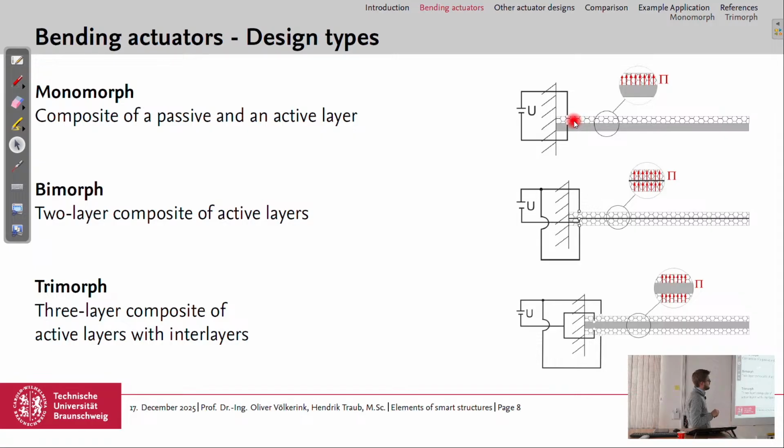And we use the D31 effect, and then we can bend this actuator when we extend the transducer. And then blocking force means the force to push up again, for example, the tip of the bending actuator. So we activate the layer, and it will bend with a higher stroke than the piezo monolith. And if we push it back again to zero displacement at the tip, this would define then the blocking force.